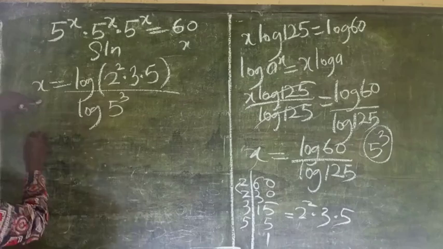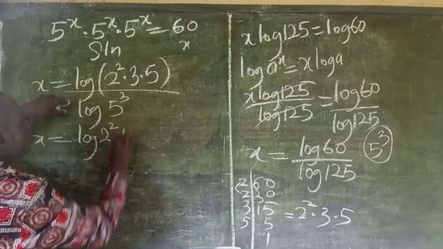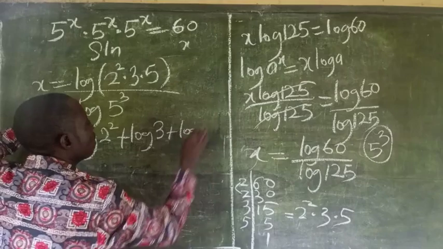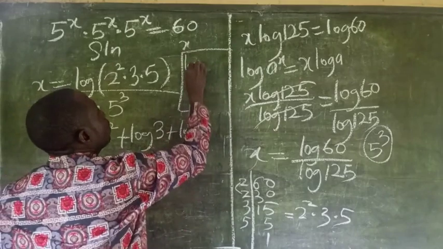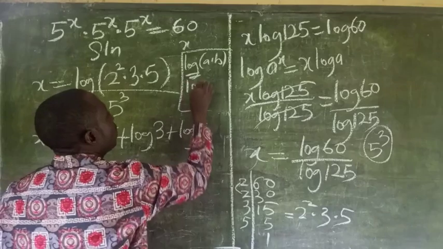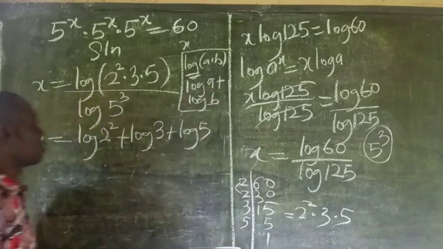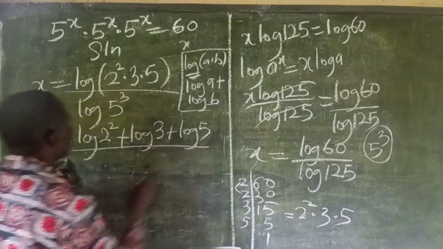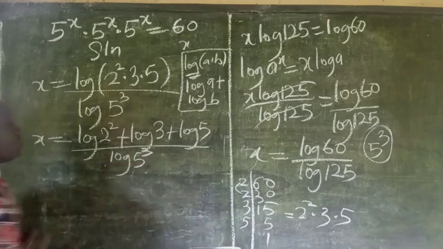From the numerator, we'll end up having log 2 raised to power 2 plus log 3 plus log 5, because log of AB is the same as log A plus log B. That's what we have just transformed the numerator to. And this will be over log 5 raised to power 3.